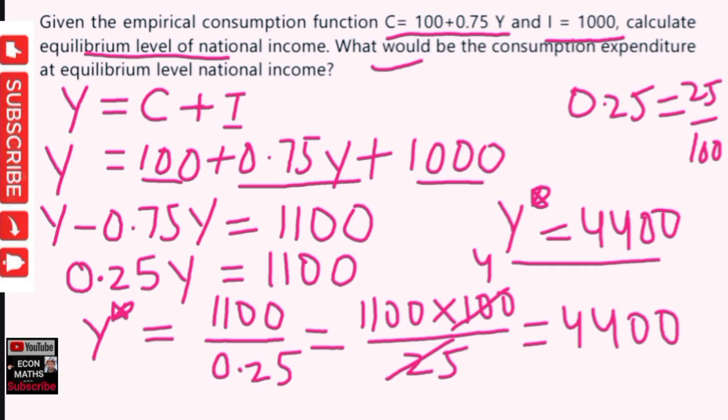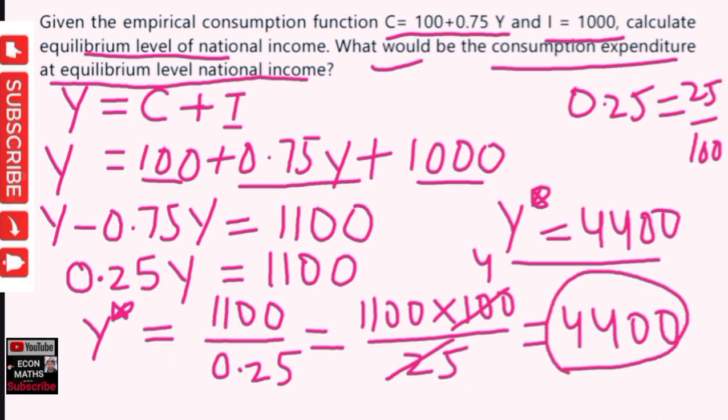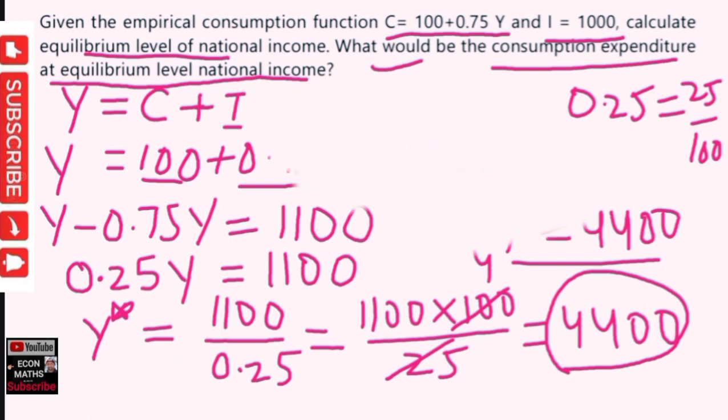Okay, now we have to find the consumption expenditure at equilibrium level of income. Since the equilibrium level of income is 4400, we will find the expenditure. Our expenditure will be, since Y is equal to C plus I, our Y is 4400, which is equal to C plus the value of I is 1000.